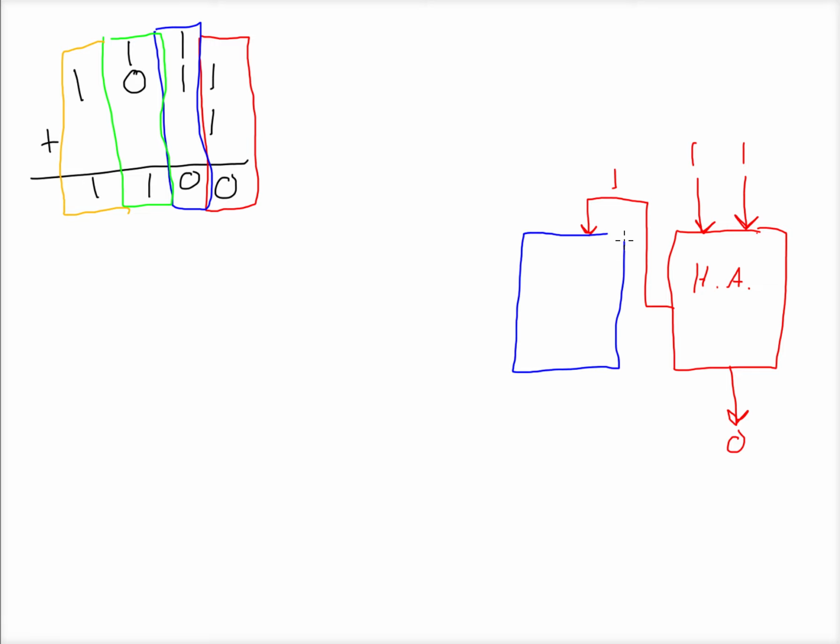Okay, let's see here. This is our half adder, and we have an input of 2 ones. 1 is being carried in from the last half adder, remember. And then we have an output of 0 for the sum, and then an output of 1 from the carry.